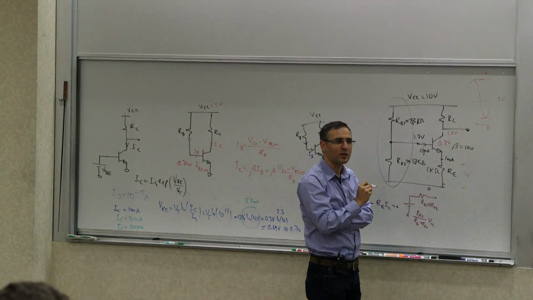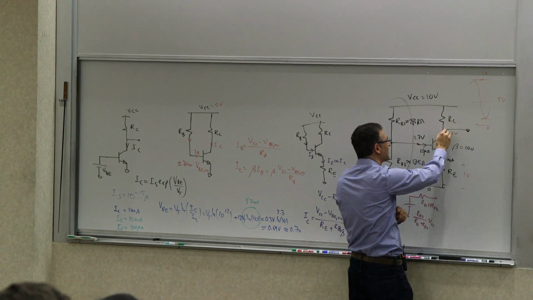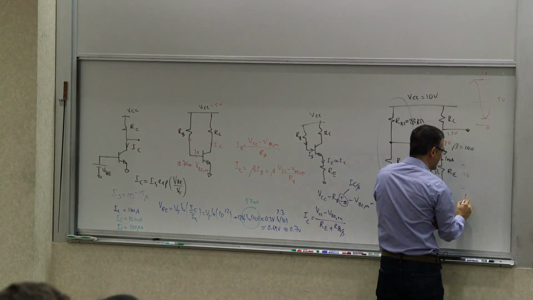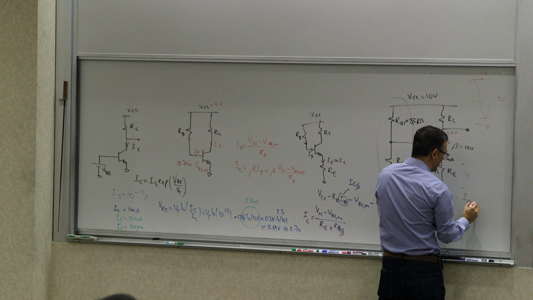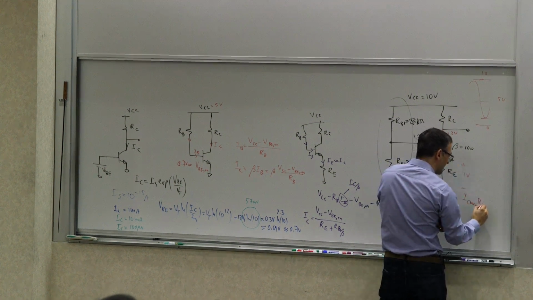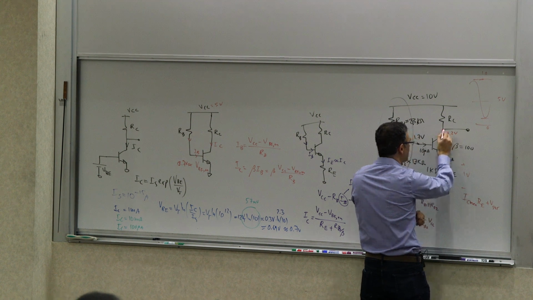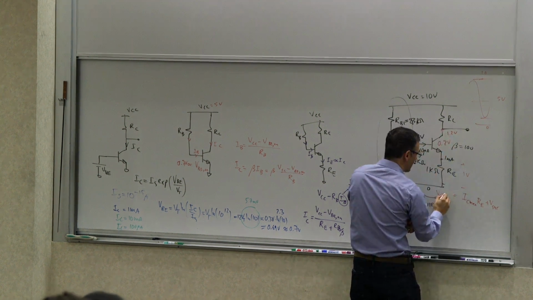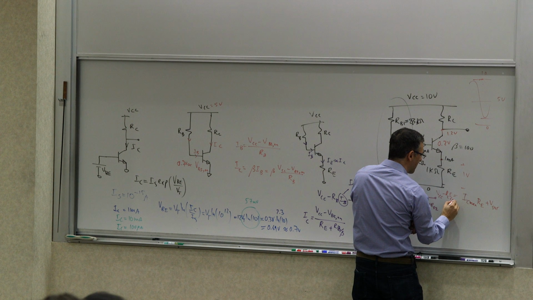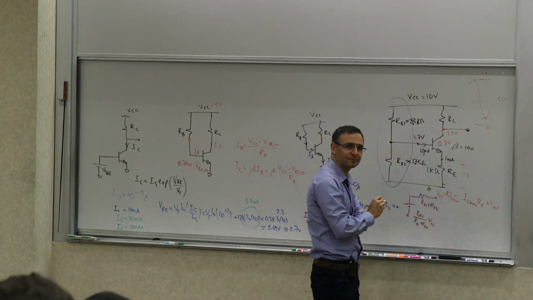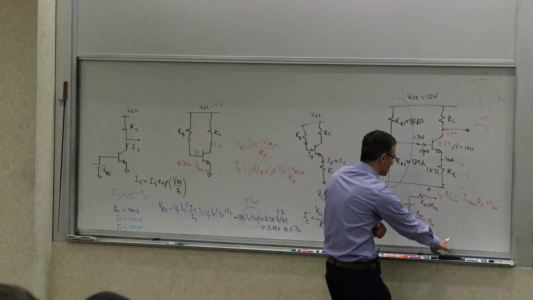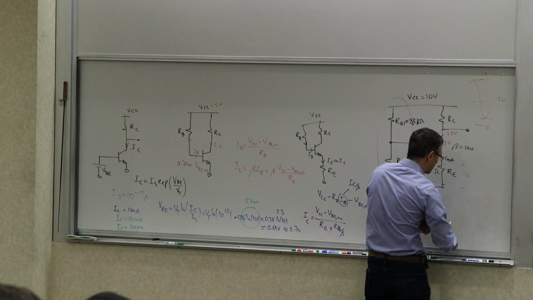And at that point, you're carrying the maximum current, whatever that IC max is, times RE plus Vsat, which is this 0.2 volts, has to provide the voltage here, which is VCC minus RC IC max. Right? Is it too small? Sorry. Let me write it.